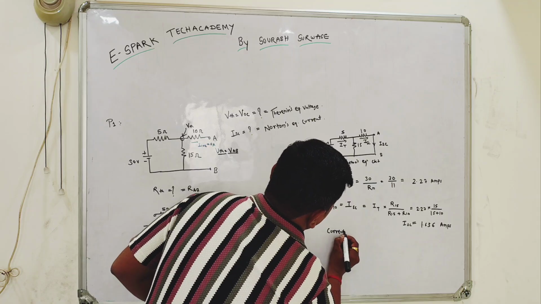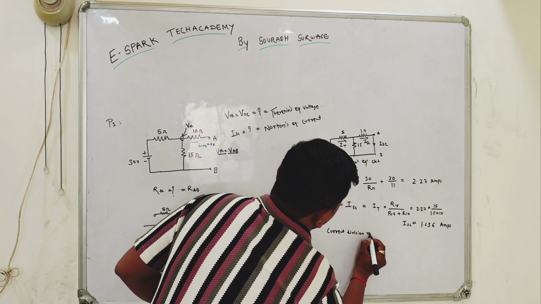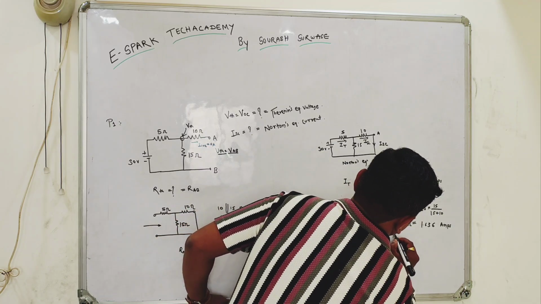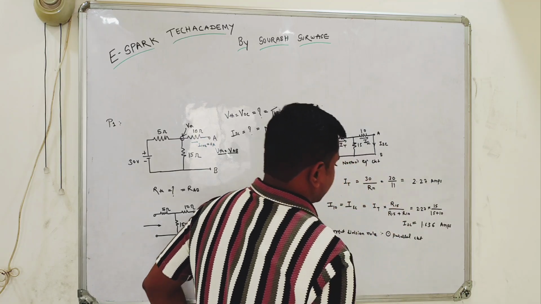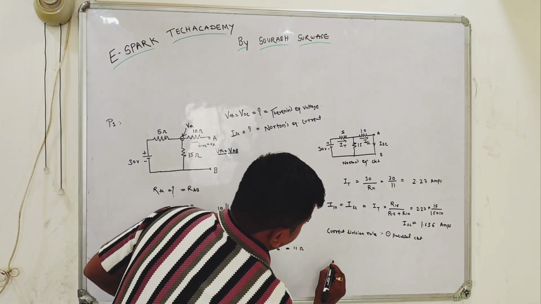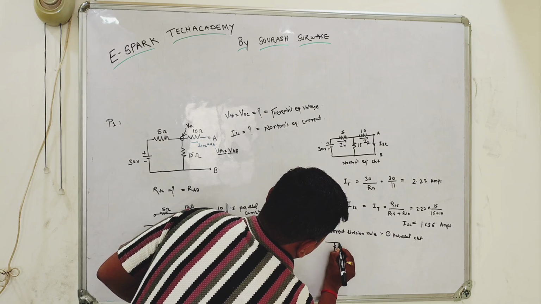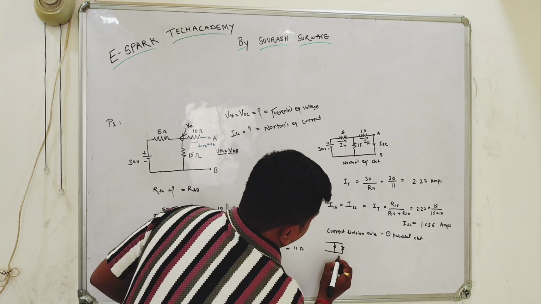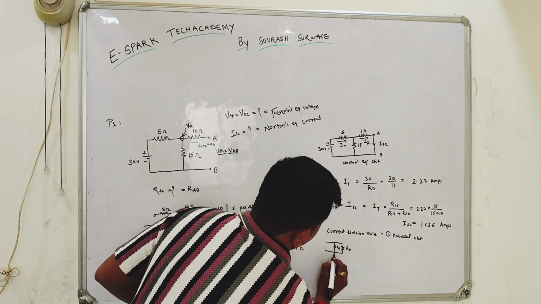Current division rule, I will even write here what the current division rule is. It is applicable to a parallel circuit. Here is RA, RB.